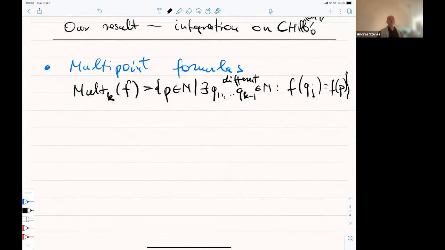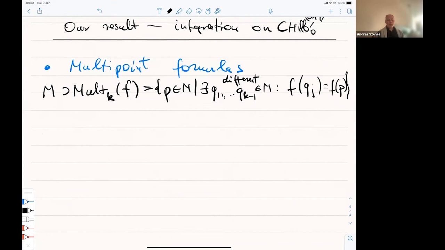It's again the same issue. Can you avoid having multiple points with certain multiplicity in this case? Put differently, we would like to calculate the class of this variety. This is again a subset in M, and we are interested in the fundamental class of this variety for a sufficiently generic function.